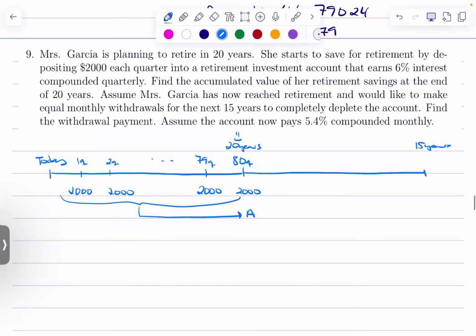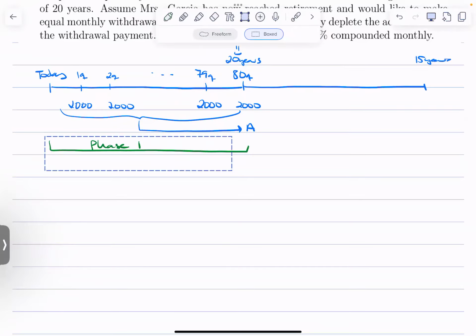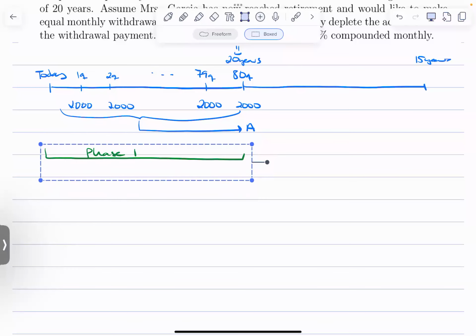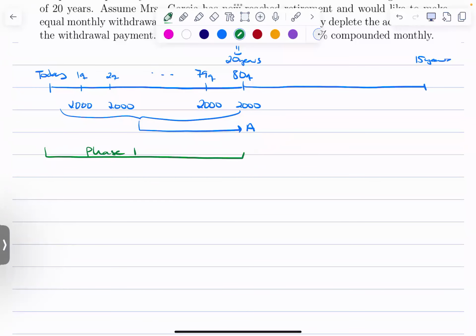Jotting down some information about this region, which I'll call phase one, because we've been calling them kind of two-phase problems. Oh, let's move this down just a line or two. Because then what's the trick?